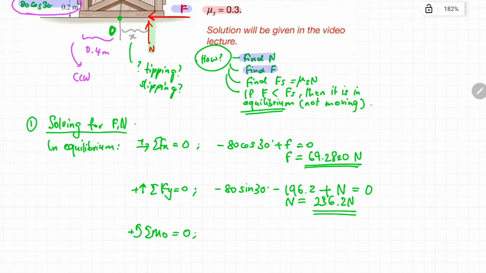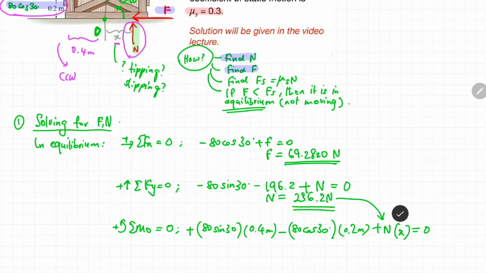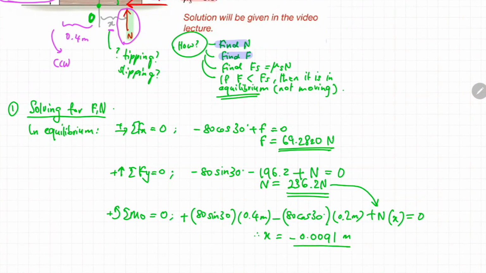We put all these values into our equation, and we already calculated the magnitude of N earlier, which is 236.2 Newton. You just substitute this value into the equation and you can easily solve for the value of x. Use your calculator and you will get the magnitude of x to be negative 0.0091 meter.